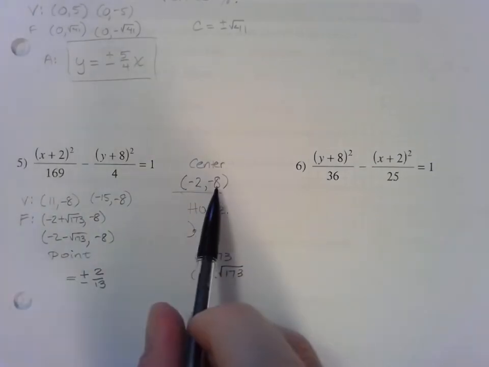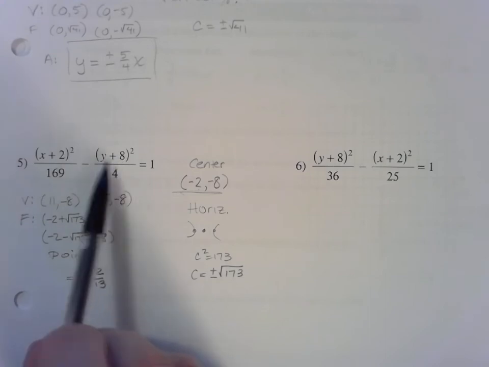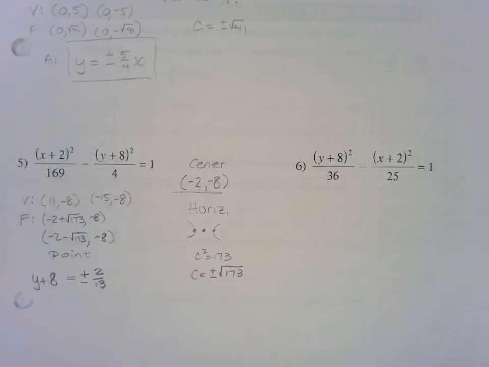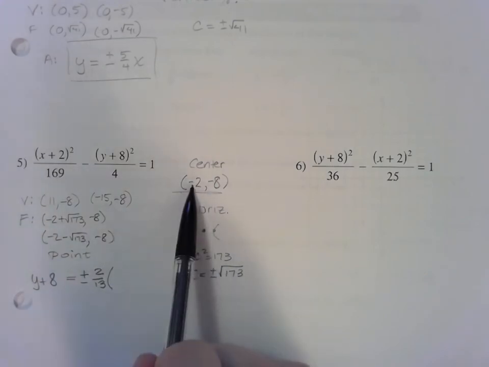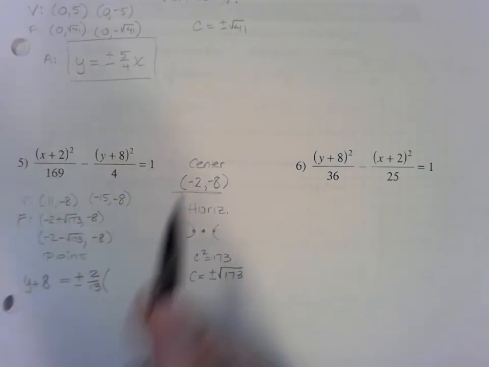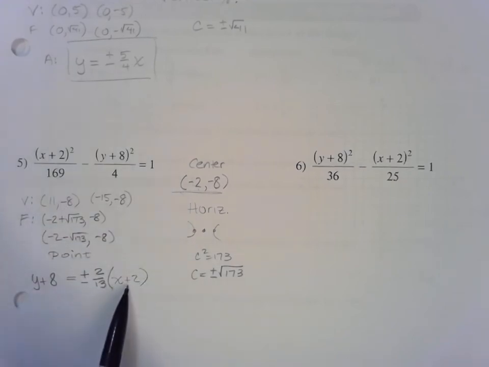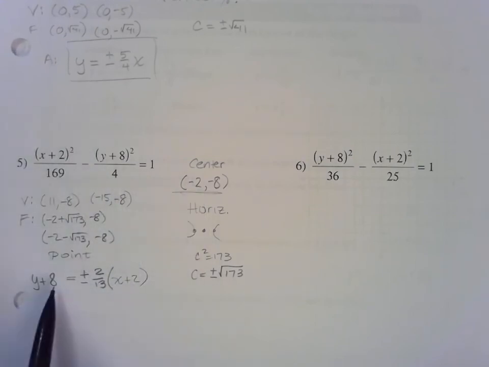The y-coordinate of the center is -8. So I'm going to use the same expression that we have in our equation. Y plus 8 is equal to plus or minus 2/13 times parentheses x plus 2. This will ensure that our line has the correct slope, change in y over change in x, and that it will pass through the center.